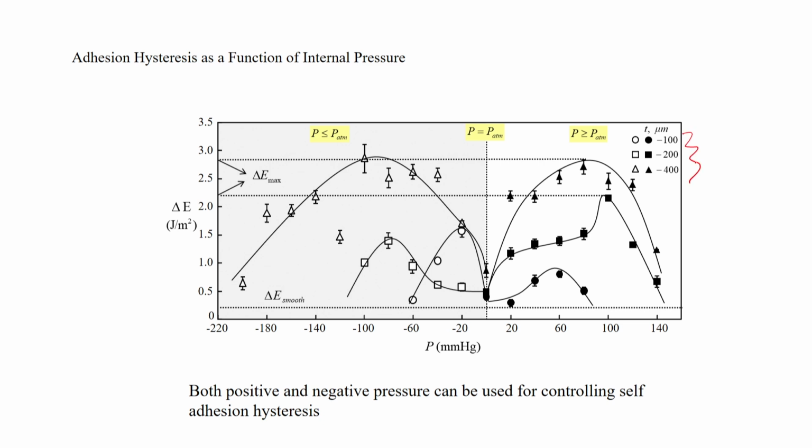As you can see, if the thickness is large you need to apply more load, so the hysteresis effect is even larger for higher thickness, and smaller for smaller thickness. But what is to be seen is that for each case, positive and also negative pressure, there is a minimal optimized pressure which is important to maintain. So both positive and negative pressure can be used for tuning this self adhesion hysteresis. That is the message over here.